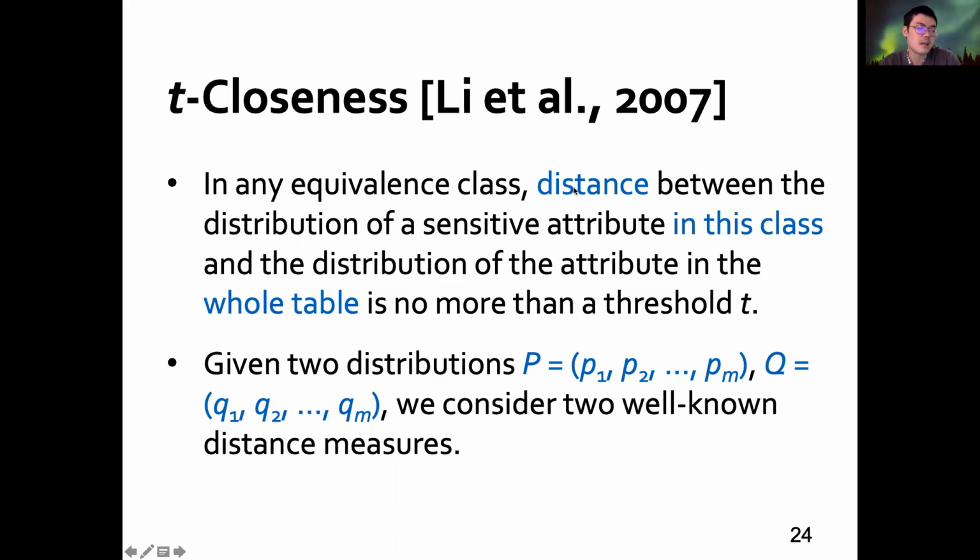Another is after you zoom into, say, these 100 rows that belong to the same quasi-identifier values, so there's another distribution of those diseases. These two distributions, one called P and one called Q, maybe this is 10% flu, this is 90% flu. If we measure the distance between the distributions, it should not be too far away. It should be within T.